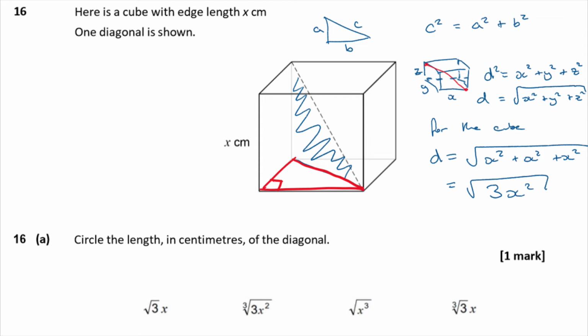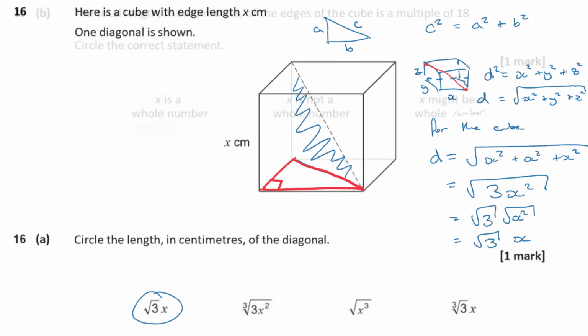I don't see that one matched down there, but we can reformulate this a little bit. The root of 3x squared is the same thing as root 3 times the root of x squared, which is root 3 times x. So I believe it is that one there at the front. Not a nice way of writing it, but anyway, I prefer to write it as the root of 3x squared, but on there it's that way around.